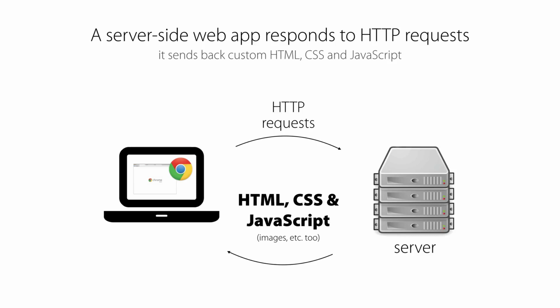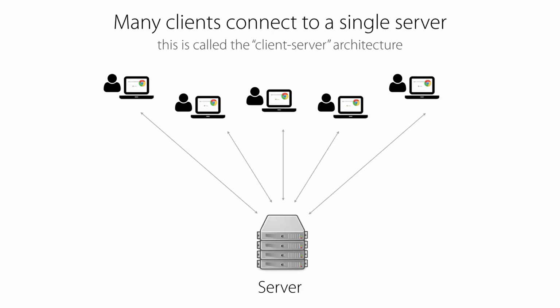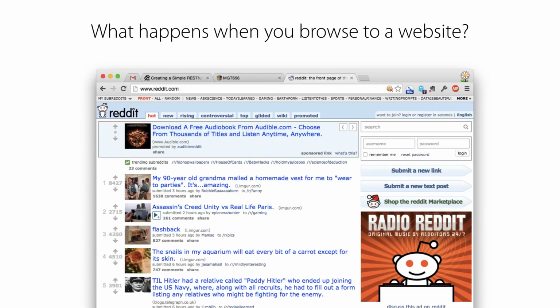And those responses may include HTML, they may include CSS, they may include JavaScript or images or whatnot. And many clients are connected to a single server, and this is obviously called the client-server architecture. So, for example, if you look at the SOM Management 656 website, there are many students. There's only a single server, and that server is listening to requests from your browser and responding to those.